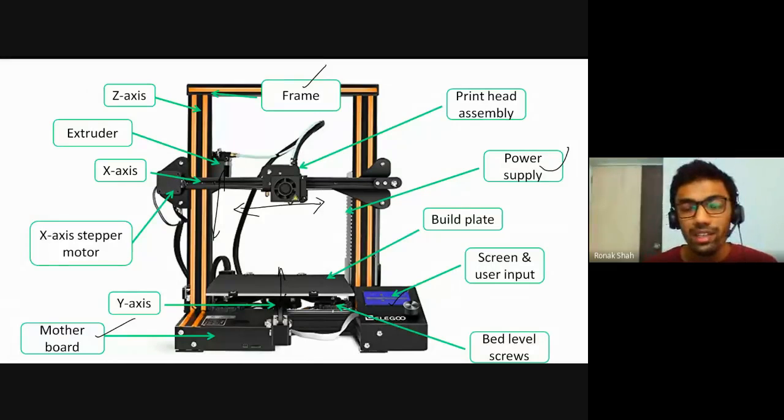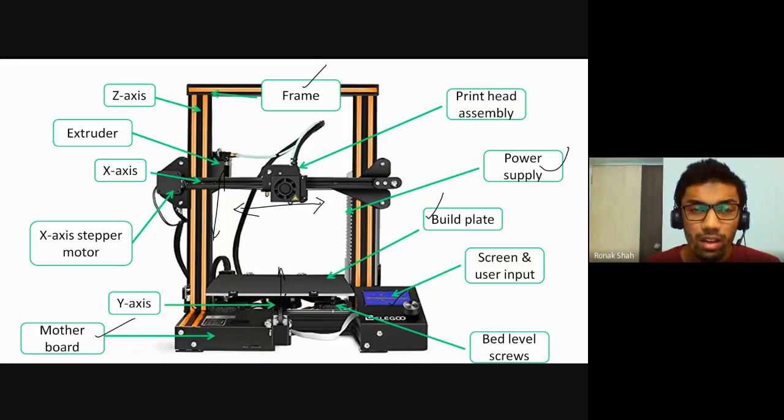This build plate gets heated up to a maximum that depends upon different manufacturers and different 3D printers. It is used for creating adhesion between the first layers and the material, and also keeps adding a little bit of heat so that uniform cooling of the material happens. So this is a build plate.